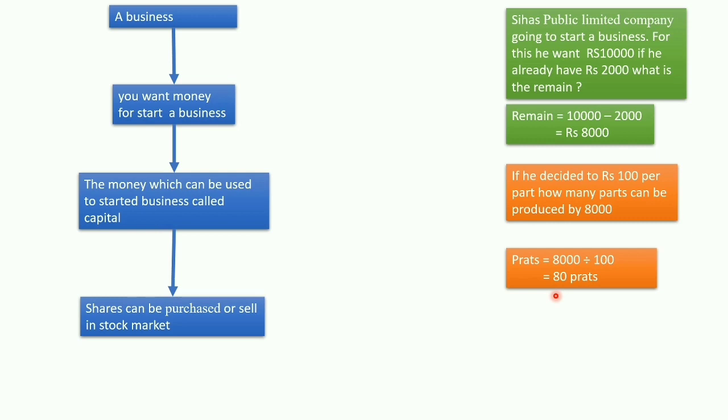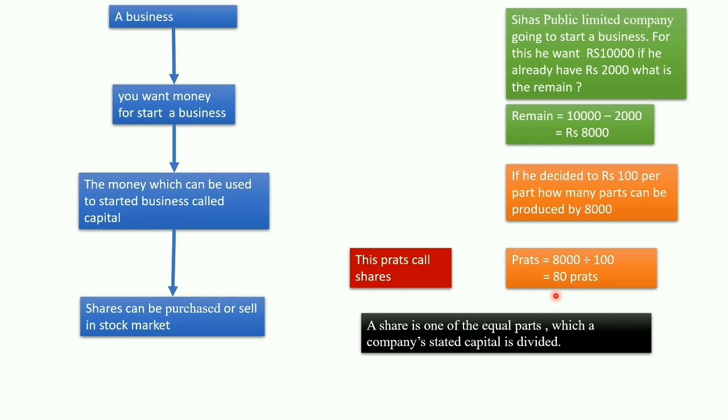There is a technical term we are calling shares. What do you mean by share? The share we are taking as these parts. You don't worry about that name, shares. If you go with the word shares, you will be a little bit confused. So you can think the parts we are naming as a share.